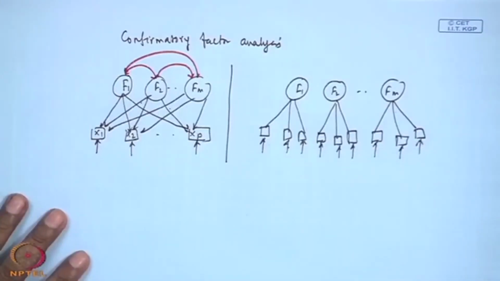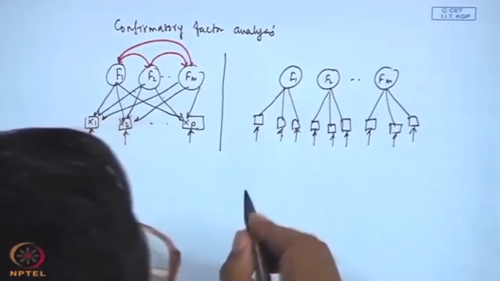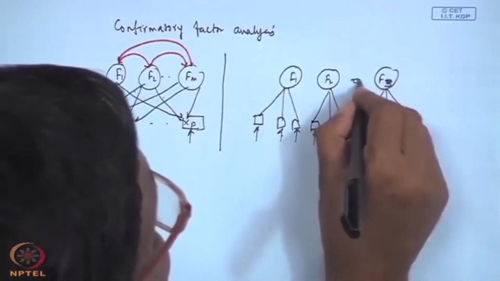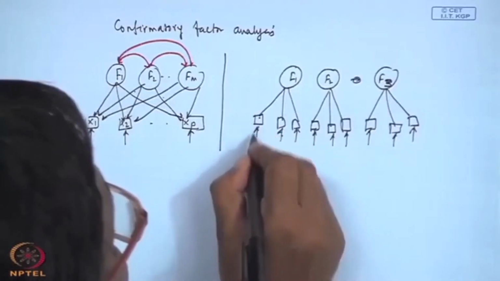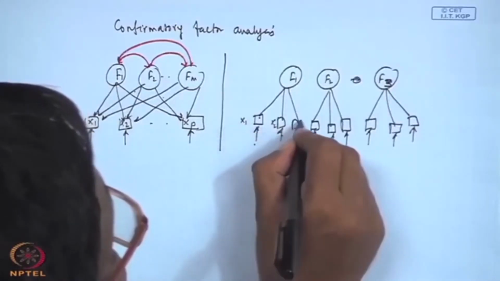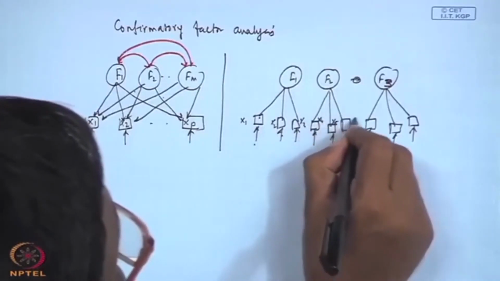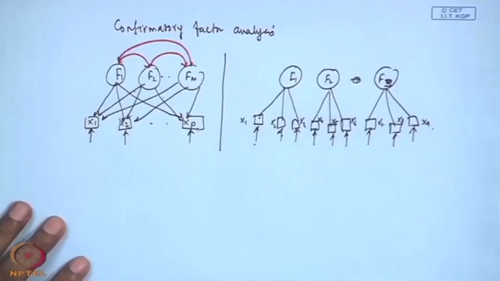Getting me? So essentially, if I take three factors with variables x1, x2, x3, x4, x5, x6, x7, x8, x9. Okay.